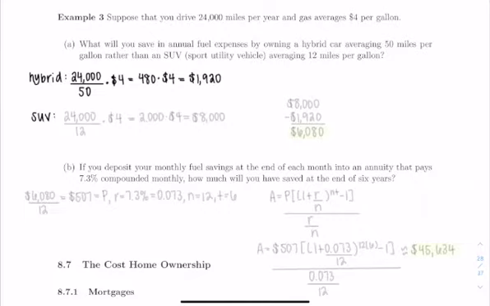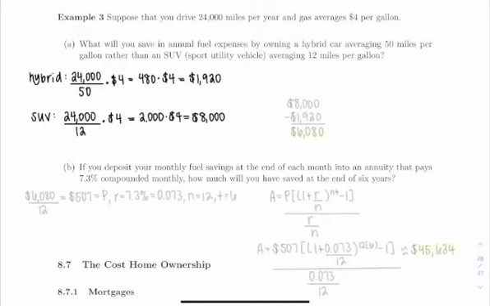We're going to do the same thing for the SUV. We're still looking at driving 24,000 miles per year, but the SUV averages 12 miles per gallon, and we still are looking at $4 on average. So 24,000 divided by 12 is 2,000 times $4, which gives me a grand total of $8,000.